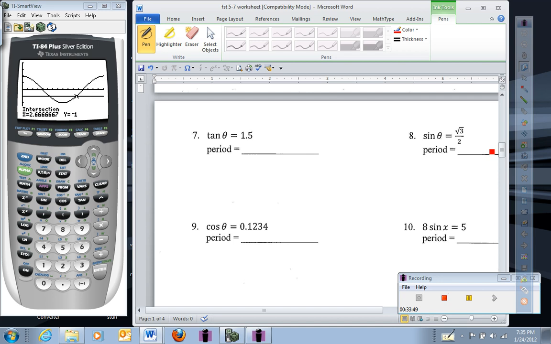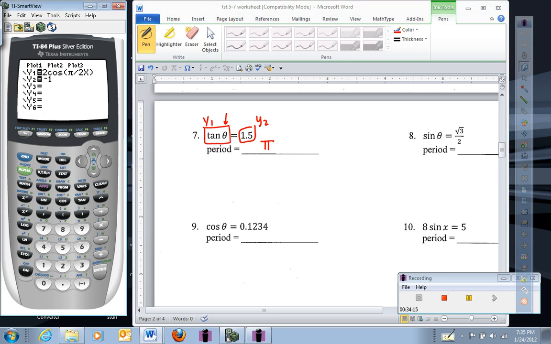Okay, when we do the tangent graph this time, we'll be able to put this in our y1, and we'll be able to put this in our y2. This is plain old tangent theta, and so remember the period of tangent, it's only pi. That's right. Okay, so we're going to go to y1 here, and we're going to put in the tangent of x.